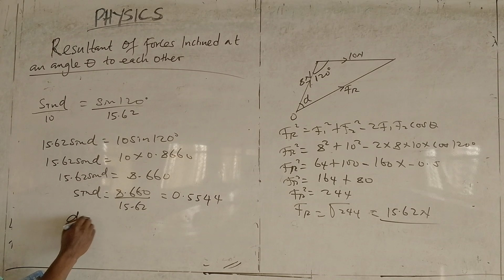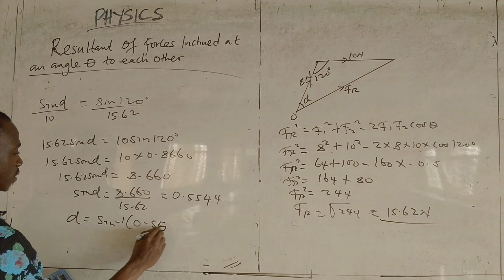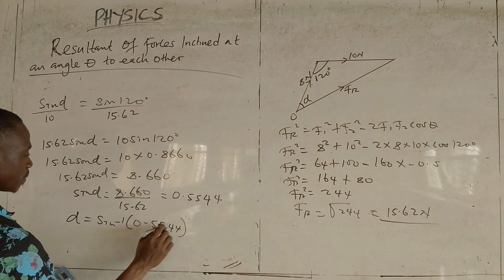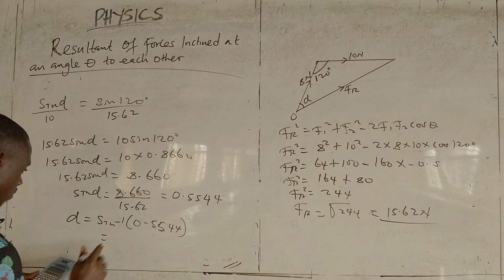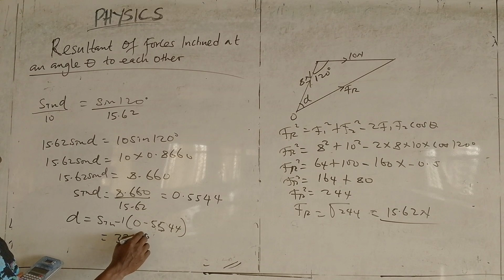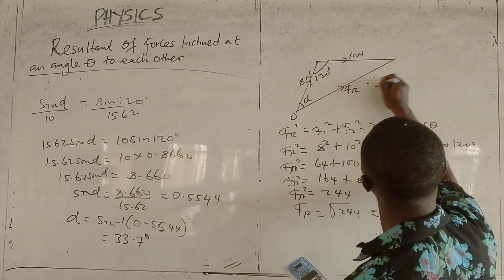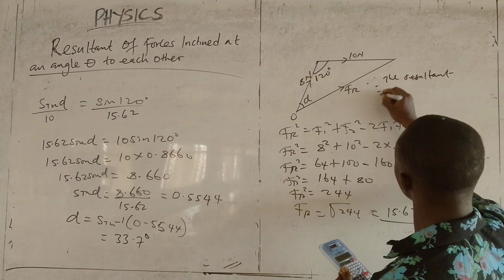So alpha will be equal to sine inverse of 0.5544, and that's 33.7 degrees, approximate value.